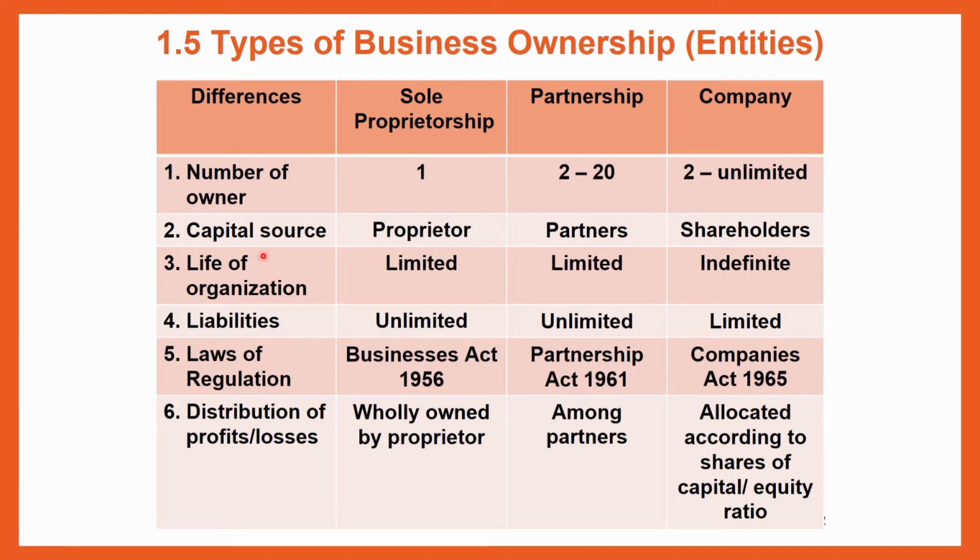Number 2, capital source. For sole proprietorship, capital comes just from the proprietor. For partnership, we can get the capital from partners, and for company, we can get the capital from shareholders. Life of organization: for sole proprietorship, limited; for partnership, limited; and for company, indefinite.